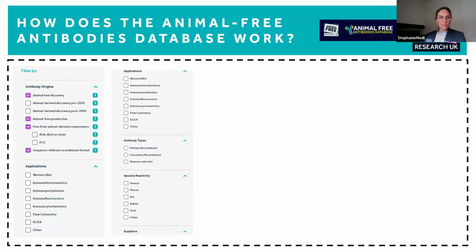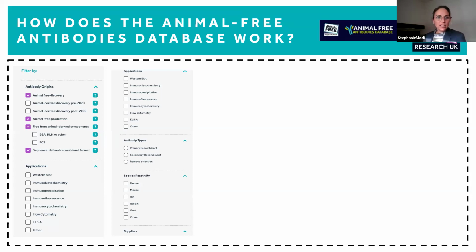But I want to show you more in detail about the antibody origins, because that's a really key part of it in terms of offering that really well-defined, clear information on how that antibody is actually made at each of those stages, at the discovery stage, at the production stage, and the use of animal-derived biomaterials.